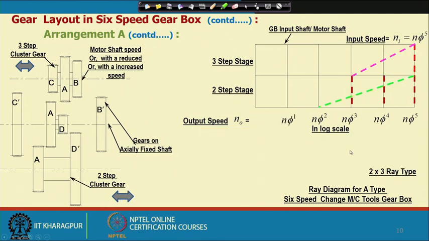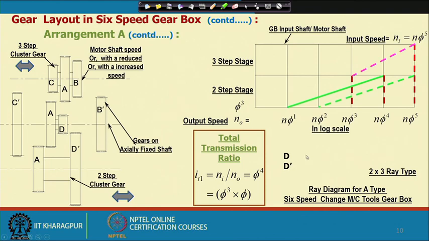Next we come to n to the power phi, this is available here. So, it must be 1, this phi cube is available here, sorry, the total transmission ratio is coming common ratio to the power 4.